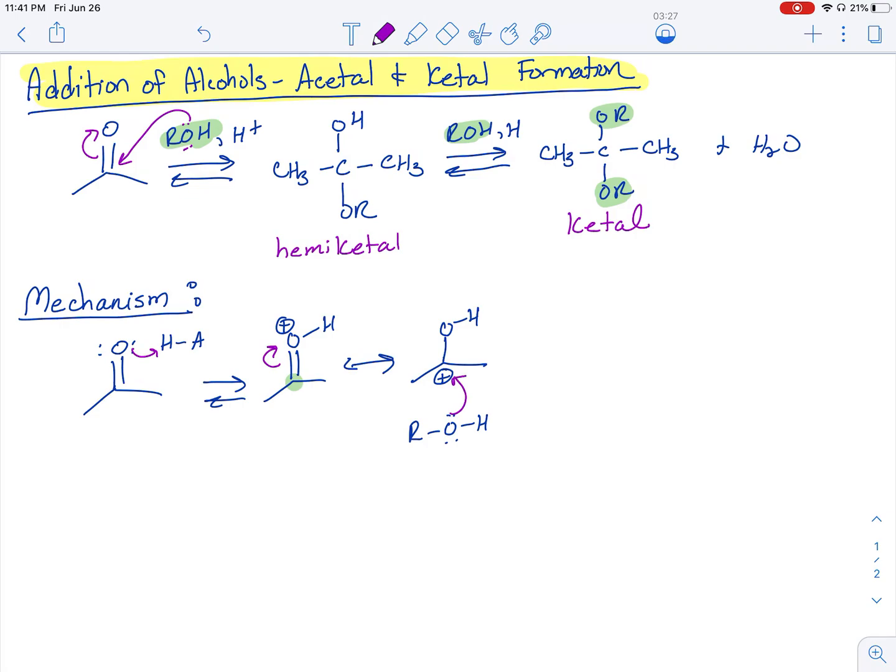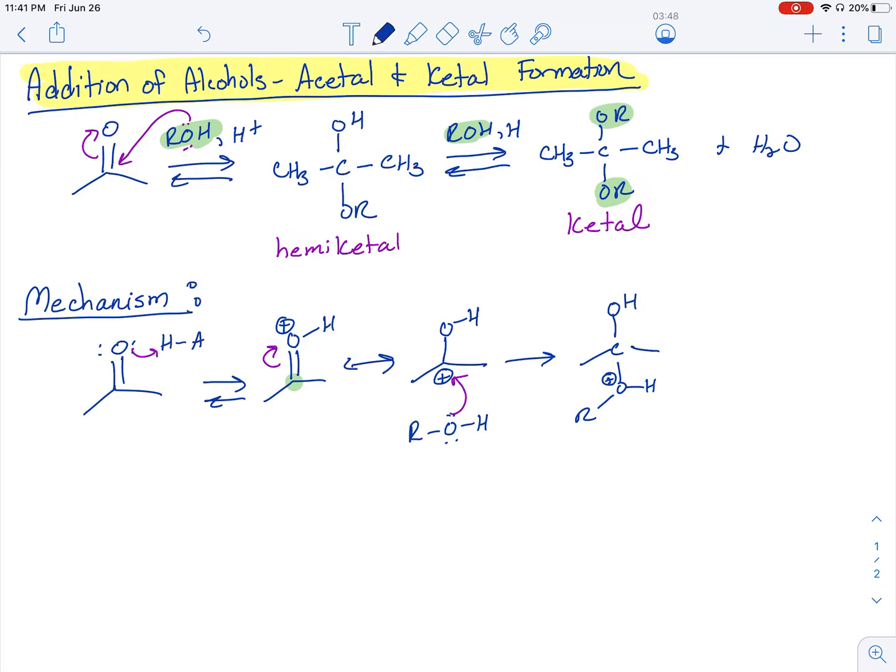So it can attack the carbocation, and we end up with this here. Right? So there we go.